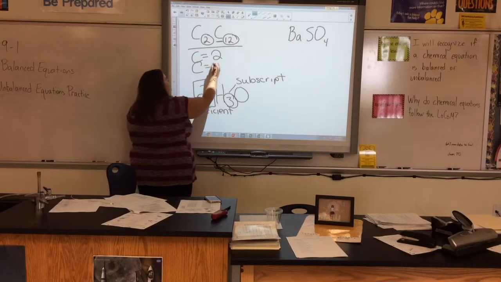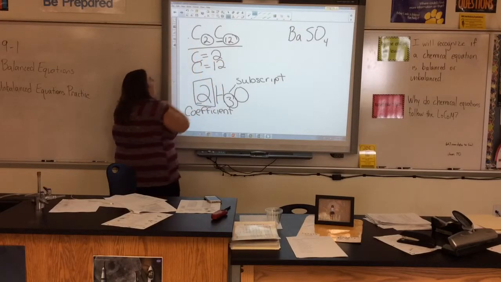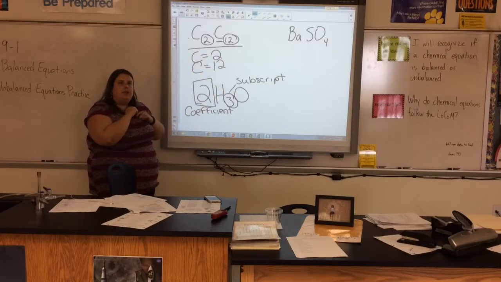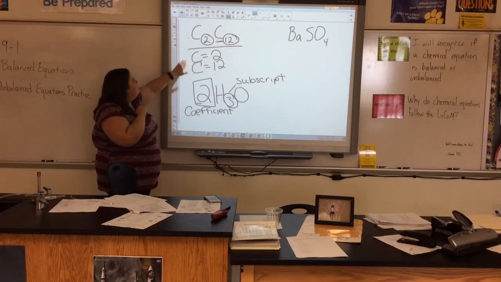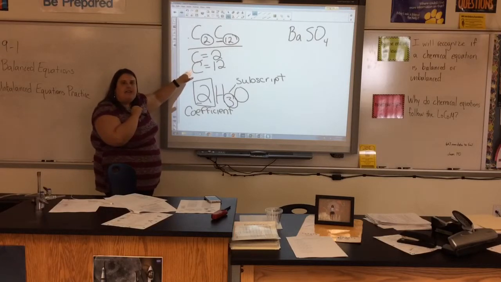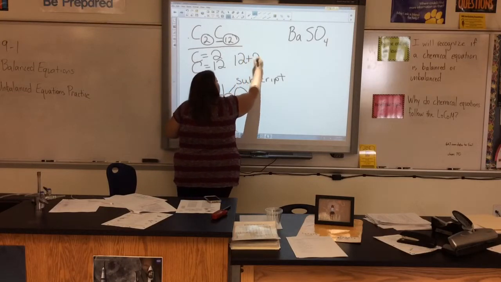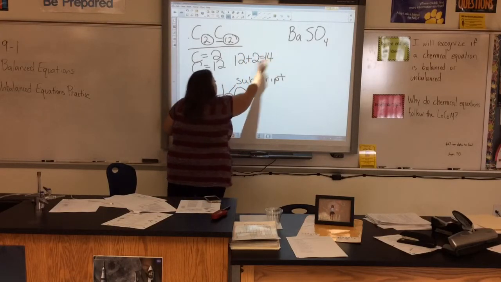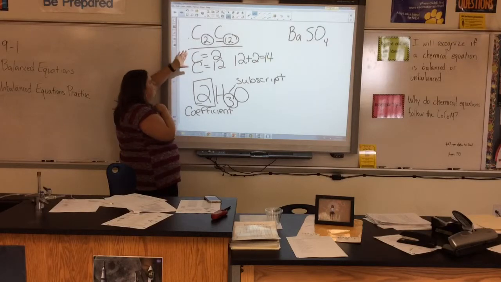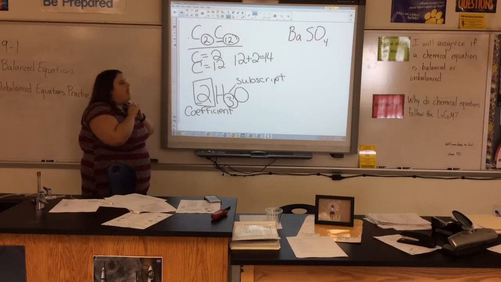So C equals 12. I do not have a coefficient, so I'm not multiplying anything, but I have 2 C's present here, so I do have to add them together. So 12 plus 2 equals 14. So in this particular problem, I have 14 atoms of carbon.